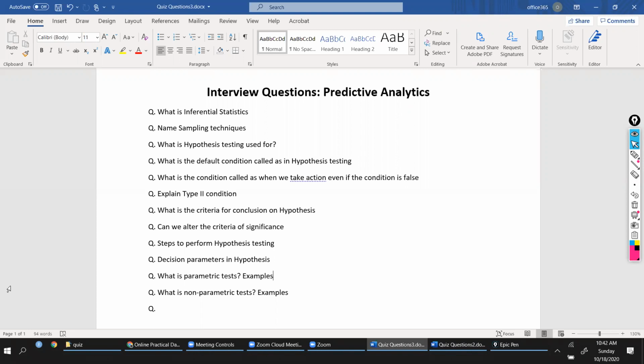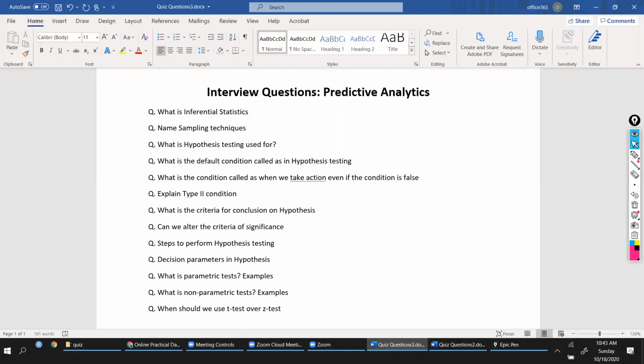Okay. When do we go with t-test and when do we go with z-test? When should we use t-test over z-test?